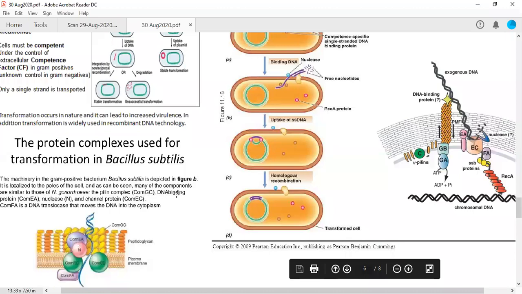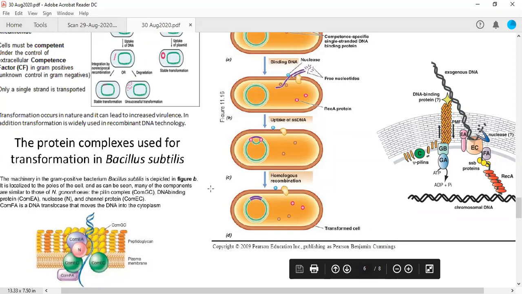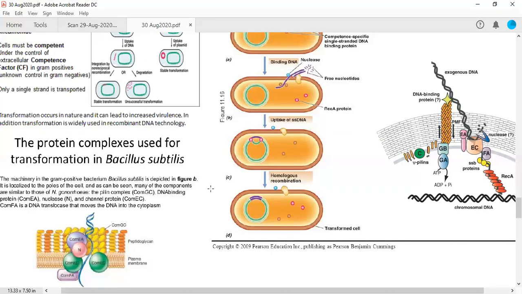So it is written here: DNA binding protein ComEA, nuclease, and channel protein ComEC. And then finally, it will help move one strand of DNA into the ComFA, one more protein which is present here. It is a DNA translocase, so it will translocate the single strand of the DNA into the cytosol. In different species of bacteria, there may be a difference of some proteins, but the overall process will remain the same in gram-positive bacteria.